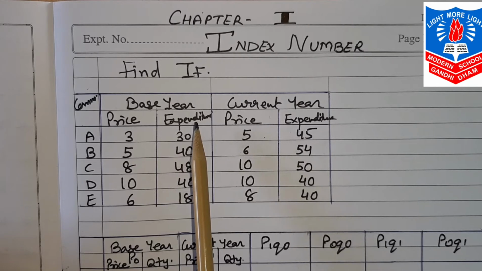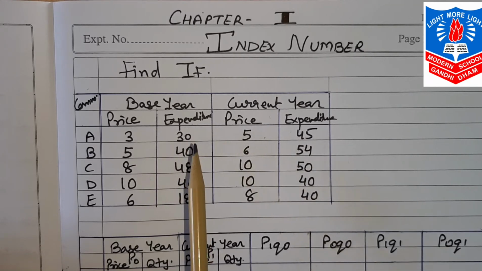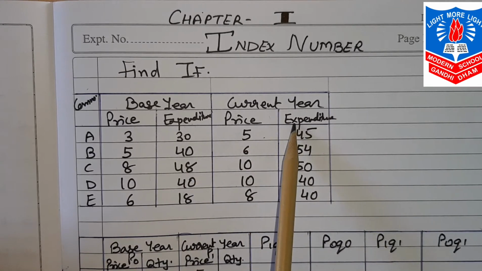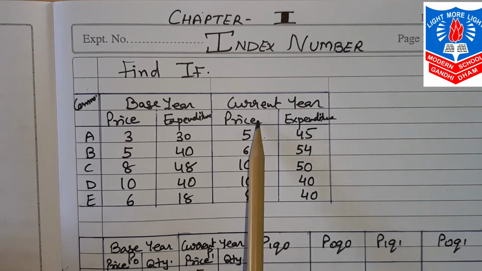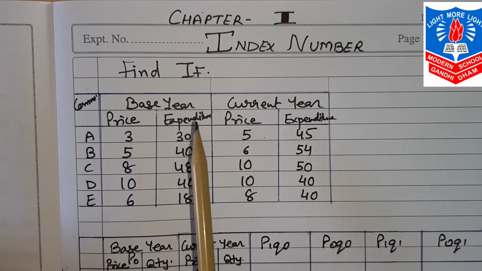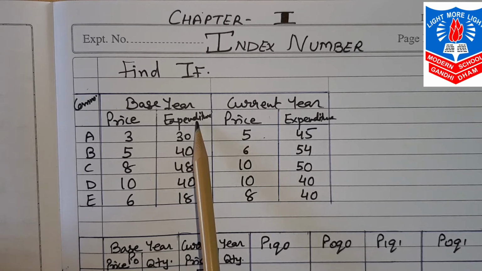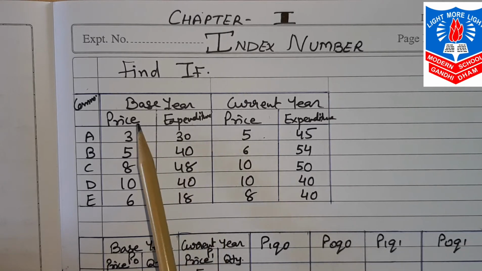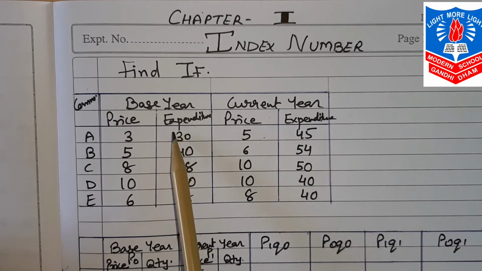Here expenditure is given, so we will first find quantity, for the current year too. If you consider this expenditure as quantity and solve, you will get 0. Now how do you find quantity with the help of price and expenditure?